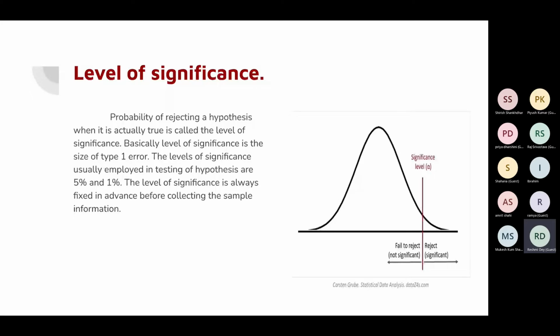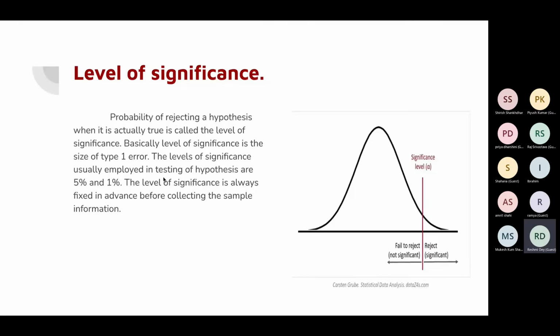Same here in level of significance. It is also denoted by alpha. So if our significance level, suppose alpha falls here, this area will be rejected, and this area failed to reject, as in will be accepted, not significant.